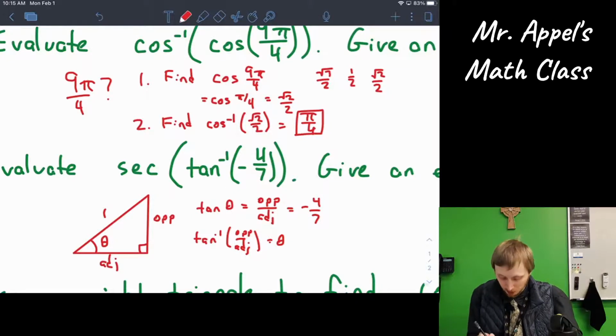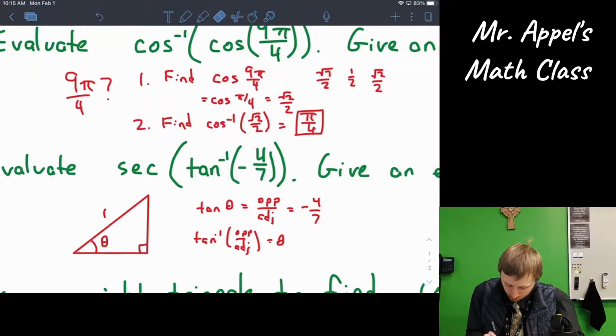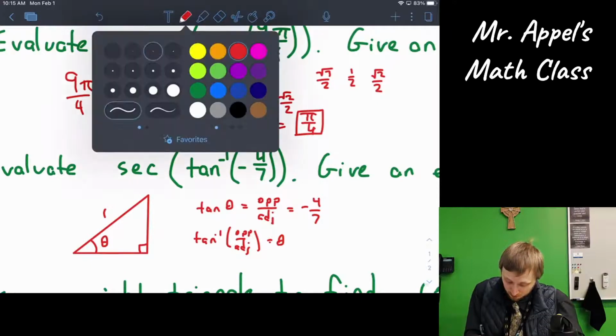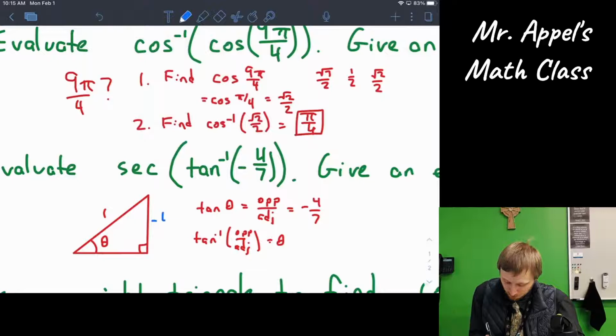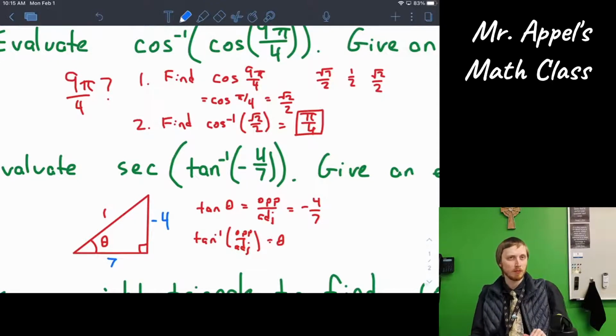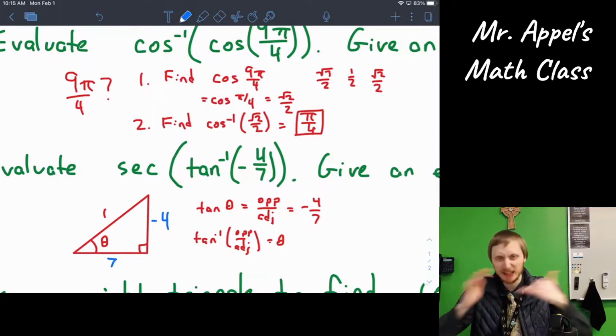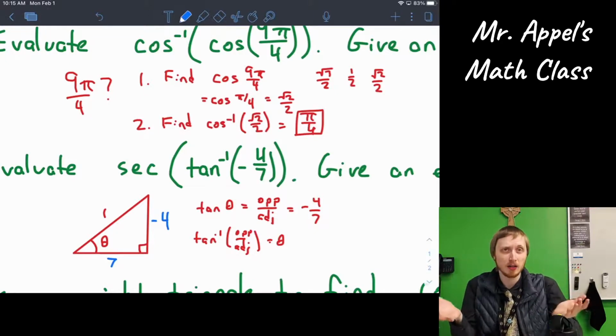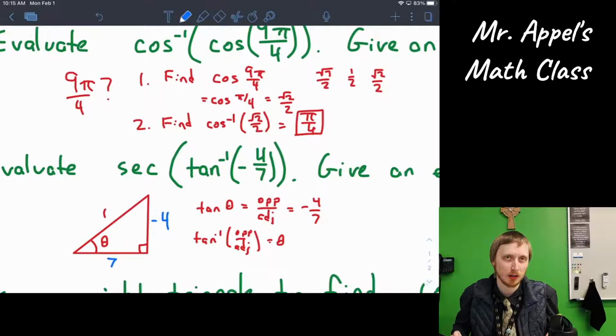You with me? So can we just say that this is call the opposite -4 and the adjacent 7? Whether or not that's actually the measurements, I don't care. They will work.